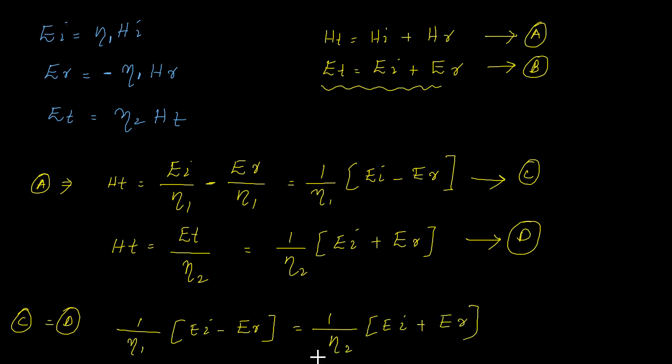Just cross multiply and rearrange this expression. So eta 2 goes here and eta 1 comes here: eta 2 times (EI minus ER) equals eta 1 times (EI plus ER).